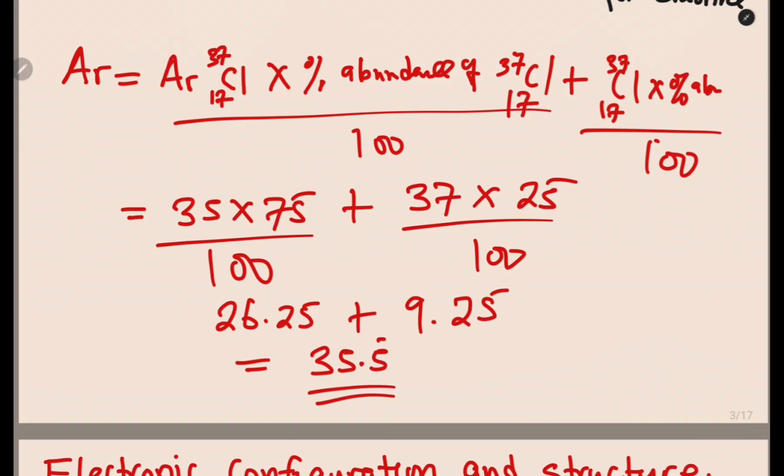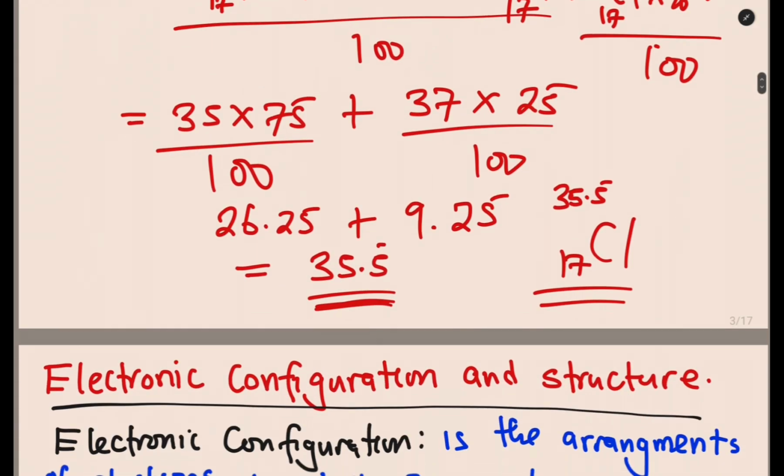And this is the reason why, when you scroll on the periodic table, you are going to find 35.5, then 17. So this is the answer that we find. You might find questions such as this in an exam. It might not be exactly the presentation or how the question is phrased, but at least you should be able to go around calculating the relative atomic masses. I guess there's no problem up to this particular point.